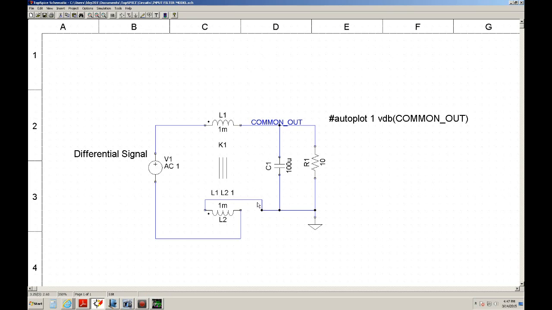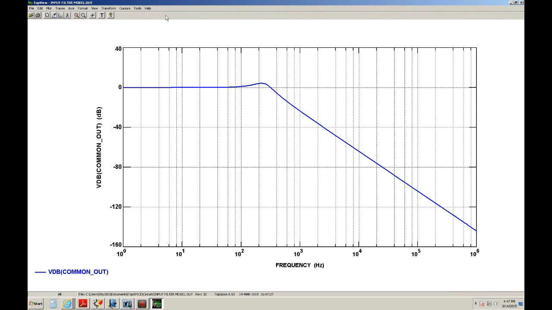Now this should be a differential mode. So now I would expect to see attenuation as the frequency goes up. And there you go, you have attenuation. Let's go ahead and copy that so we can see both effects at the same time.